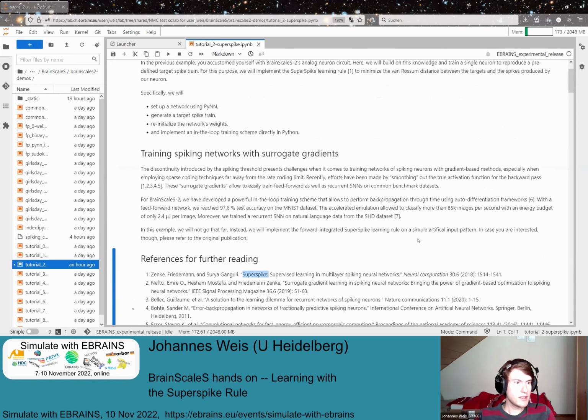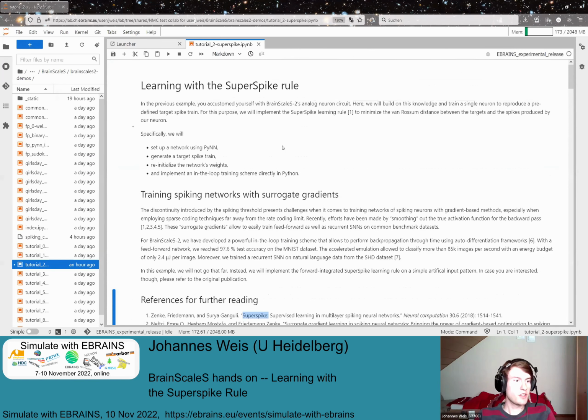There are much more details on the SuperSpike rule later, but as a brief overview, we will set up a network in PyNN that uses a column of synapses with 25 inputs, but all stimulating only one neuron. We will randomly select weights for those synapses and generate a target spike train with that, and only save the spike times of the spike train.